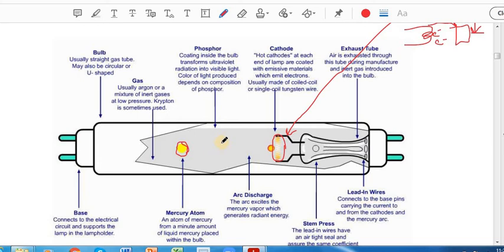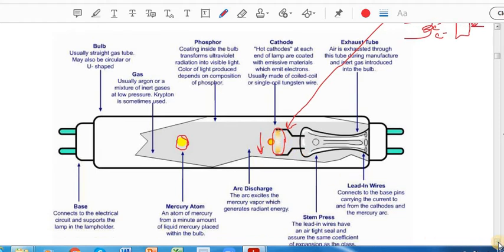When these electrons with very high energy are passing from cathode to anode, they will hit the atoms of mercury, because mercury atoms are everywhere. We are just concentrating, for example, on this atom. So this is in this vicinity, and it gets collided with the electrons that are given by this hot cathode.